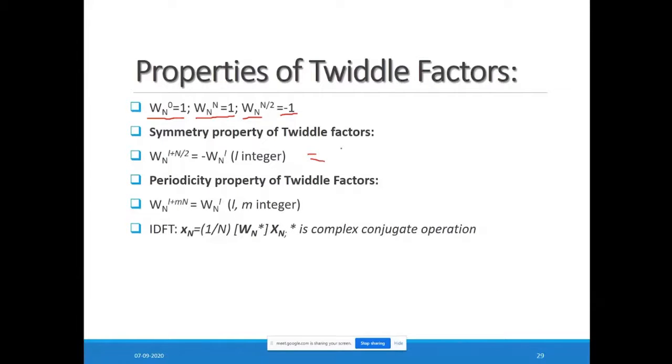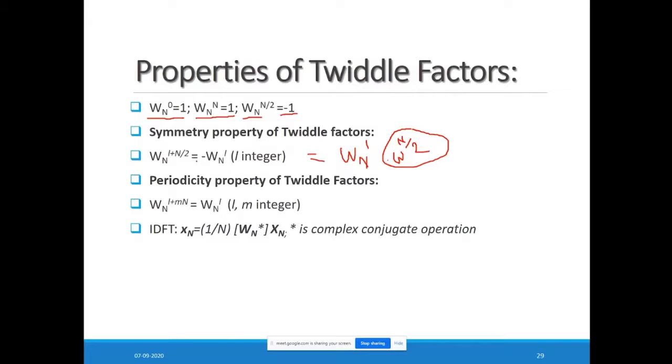Simply we have to remember this is the twiddle factor. Here the value of omega n raised to n by 2 is minus 1, so this term can be replaced with minus 1.